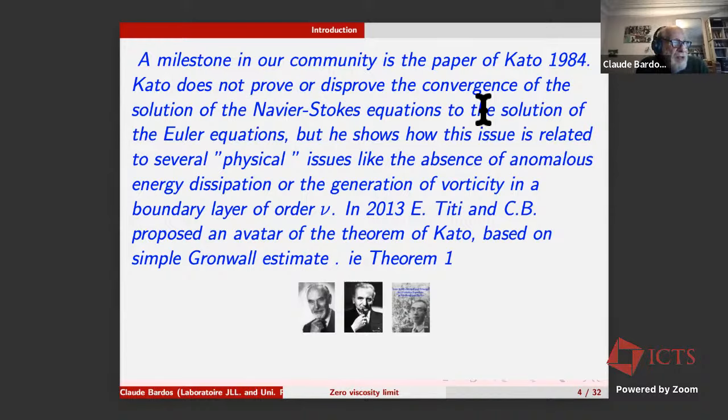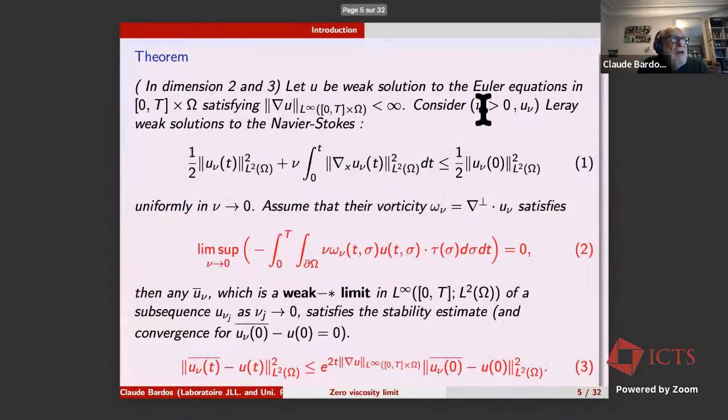So I give the picture of the protagonists, Prandtl, von Karman, and Kato, on the bottom, and I write the theorem that I wanted to say. It's a theorem which is valid in any dimension, so in physics, it will be in dimension 2 and 3. And it goes like that.